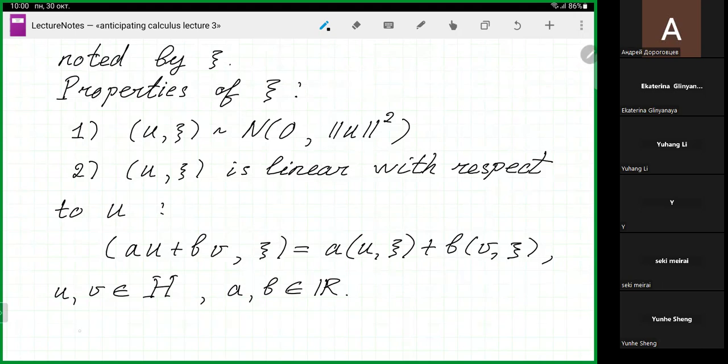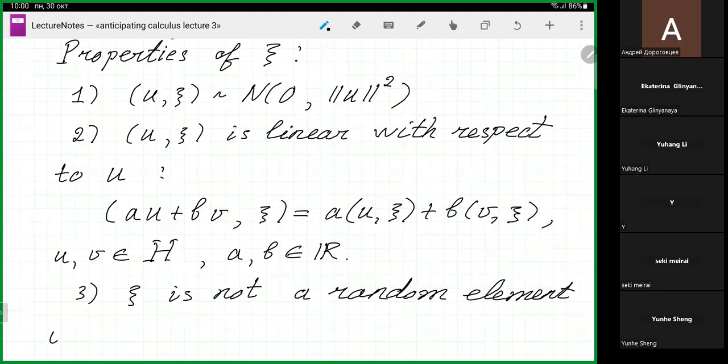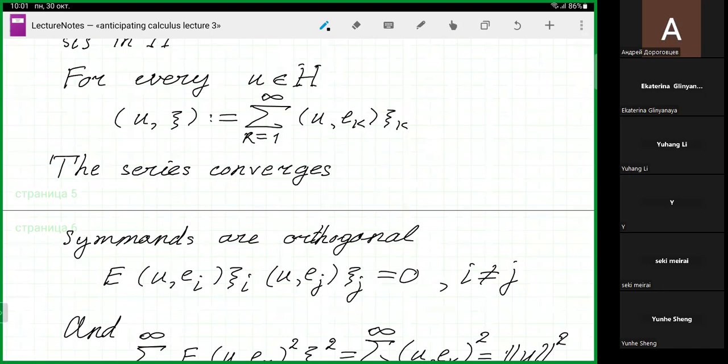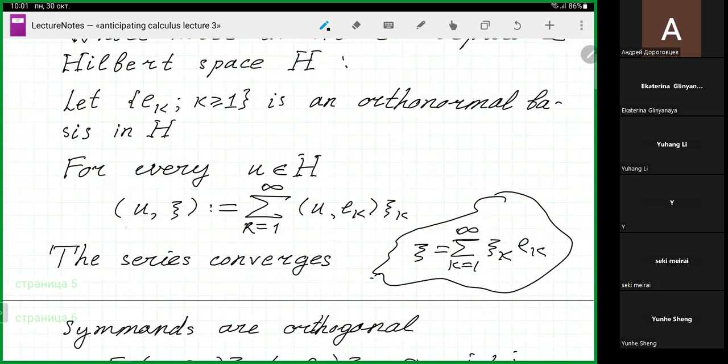And the most intriguing property: one can say that Xi is not a random element in H. It is a very serious remark, because if we consider the definition of (u, Xi), it looks like one can consider the element Xi as the sum from k equal 1 to infinity of xi_k e_k, and then this is simply a scalar product and so on.